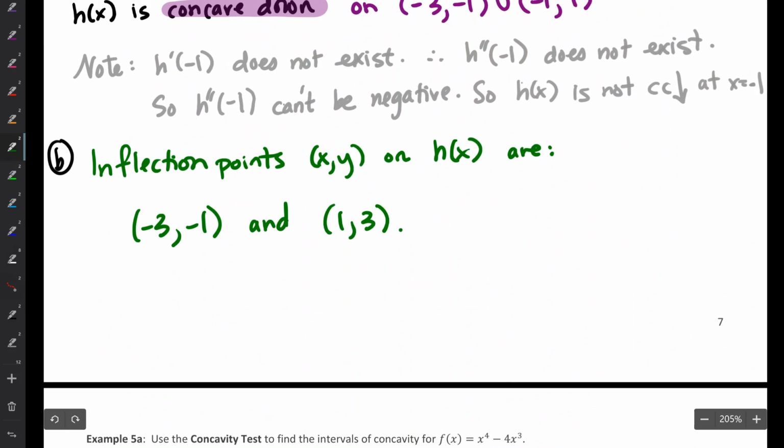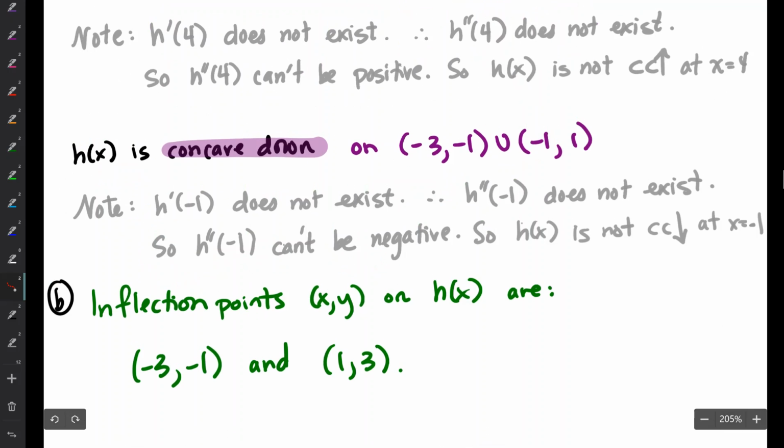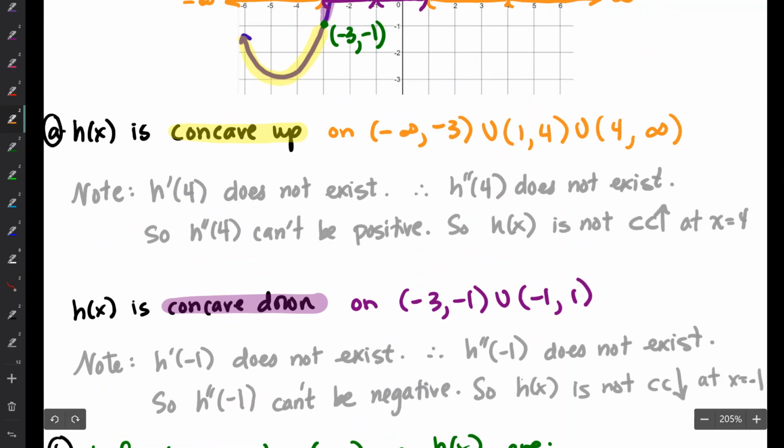Right, and I took the time to write this out to emphasize that these are x comma y coordinates, whereas up here these are intervals in the domain, right?